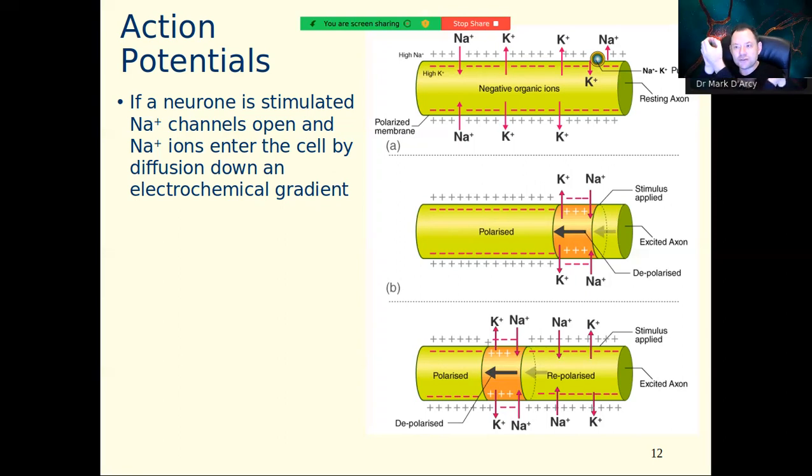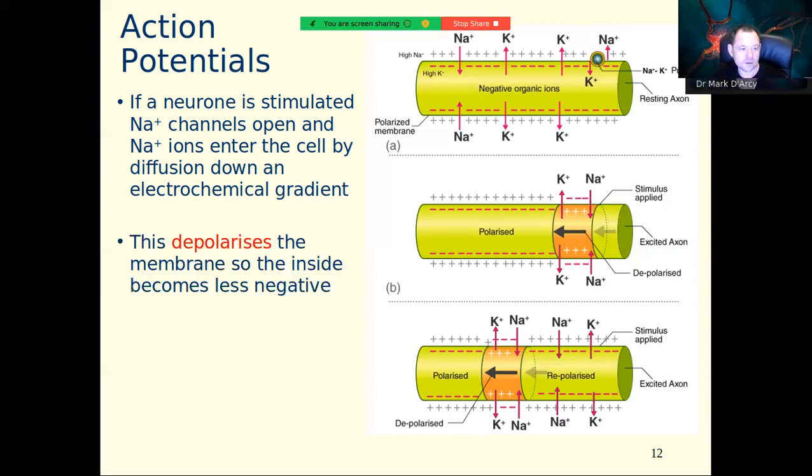So if enough simple sodium channels open and enough sodium comes in, you reach a kind of threshold voltage in the cell. And then this stimulates what we call voltage-dependent sodium channels to open all along the neuron. Sodium floods in, and the electrical charge moves from one end of the neuron to the other. So, first of all, you open up a few sodium channels.